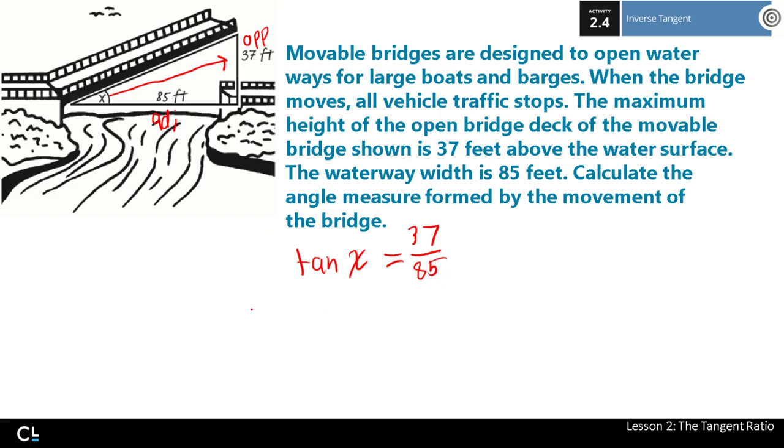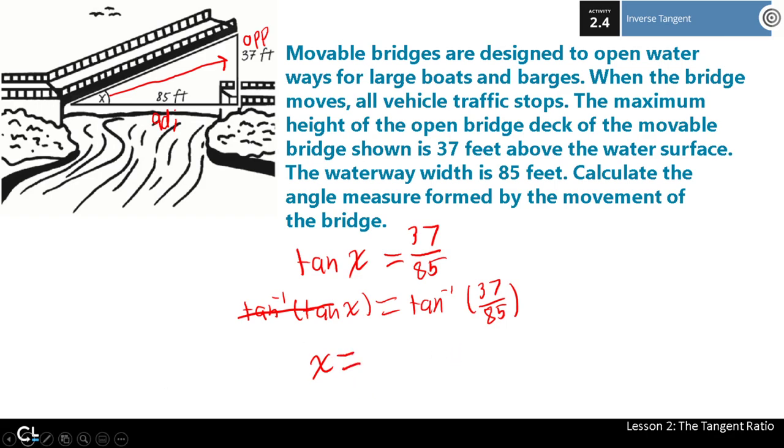And then we have to take the tangent inverse. So we say tangent inverse of tangent x equals tangent inverse of 37 over 85. Tangent inverse and tangent cancel. So we're left with x equals, and then we plug this into our calculator again.